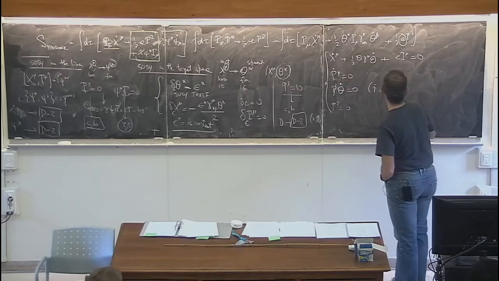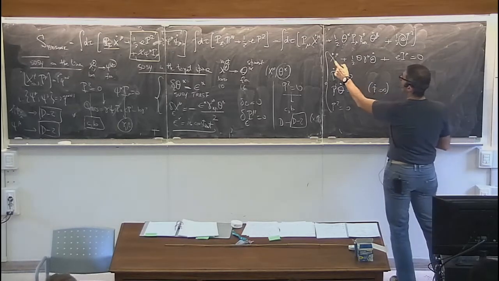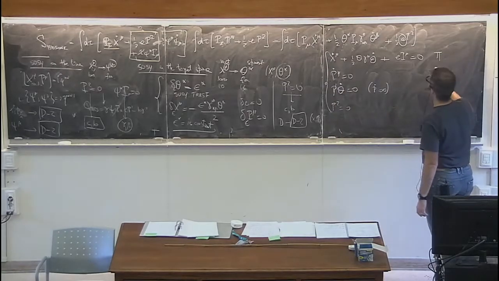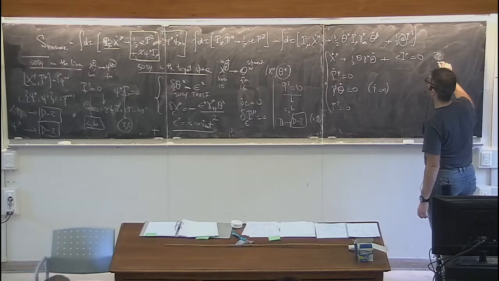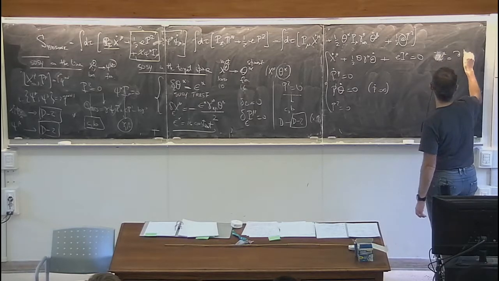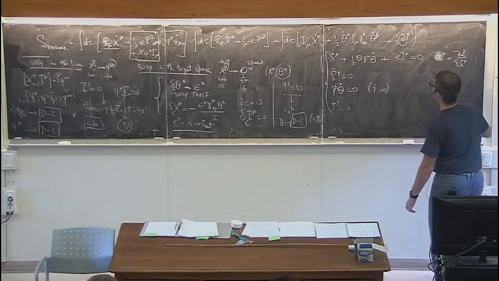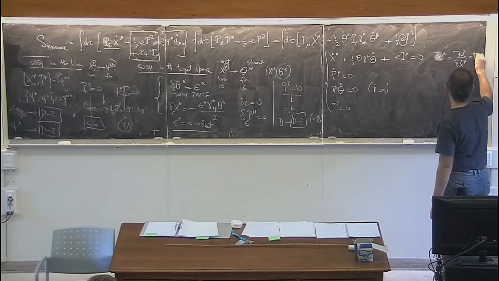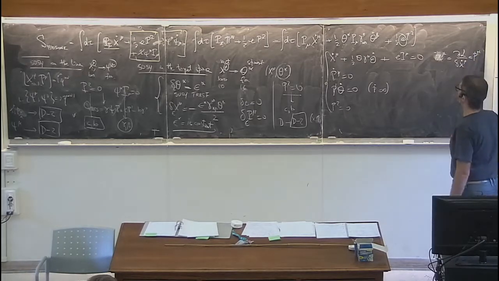Now let's also compute the conjugate momenta. The conjugate momentum of x is easy. As usual, when I calculate the conjugate momentum, let me call it small p. It's just the derivative of the Lagrangian with respect to x dot^μ. So the conjugate momentum of x is just p, as we expected.